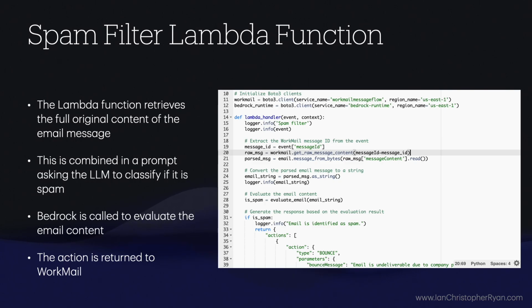And it will include the full raw content of that email message. So everything, including all the headers and all the actual content, including the body of the email message. Bedrock will then evaluate, is this spam? And it will return us yes or no. And then the action from the Lambda function is passed back to Workmail. So it's either going to say bounce it or else deliver it.